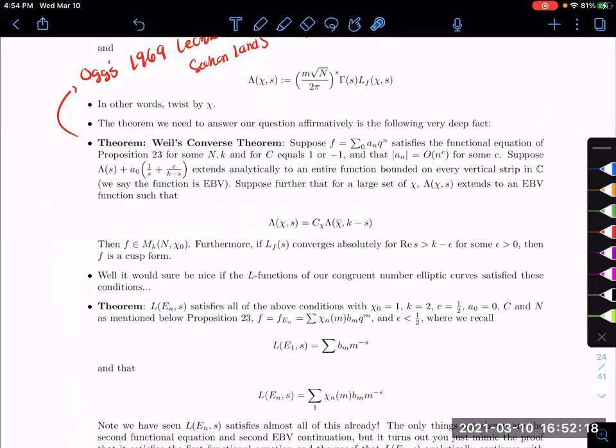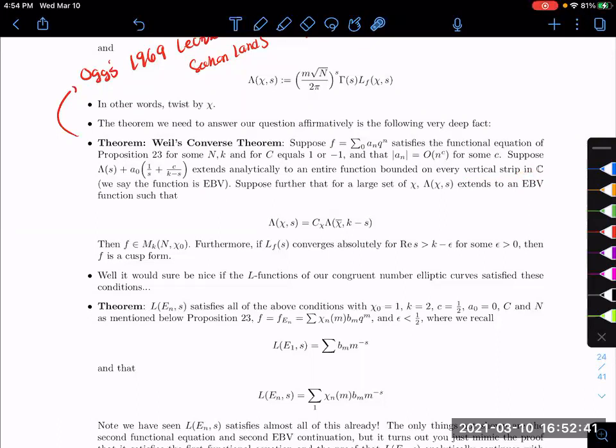We're going to require that that extends analytically to an entire function. And not only is it entire, but it's bounded on every vertical strip in C. A function that satisfies this property is called an EBV function, by the way. So from now on, because I'm going to refer to it one more time, I will call that an EBV. It stands for entire and bounded on vertical strips.